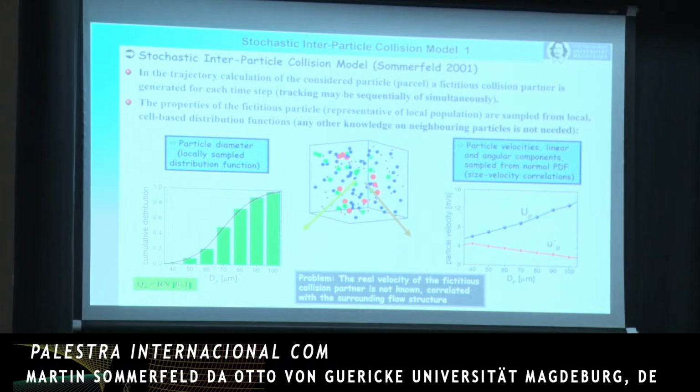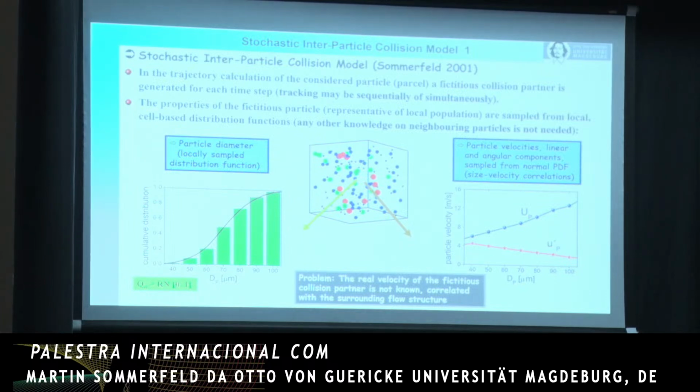Then you have already stored the correlation between particle mean velocities, or mean components, of course, with the particle size, and also the fluctuating velocity. The assumption behind the model we used so far is that this velocity is represented by a normal distribution, which could not always be the case.